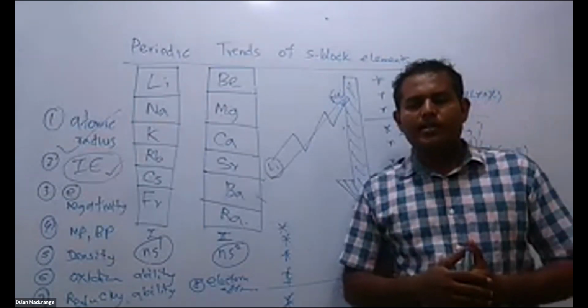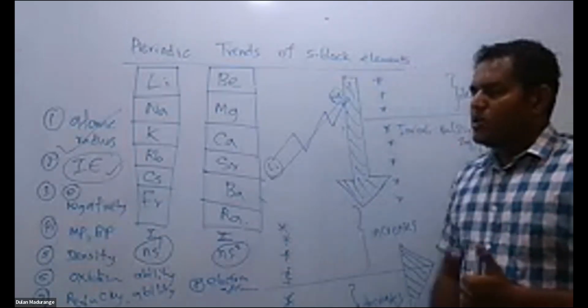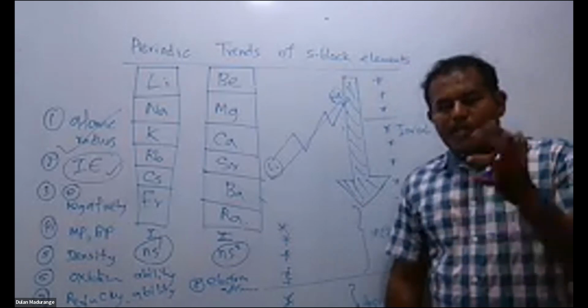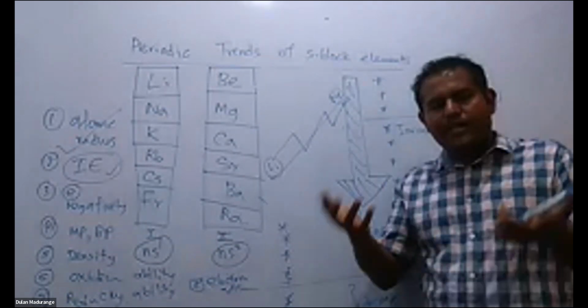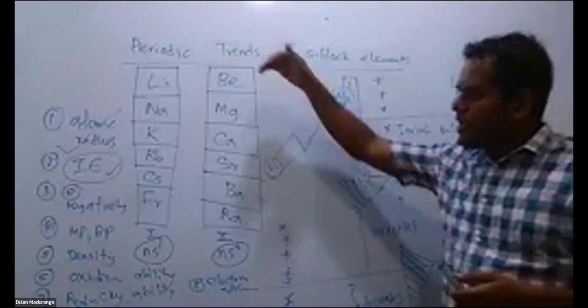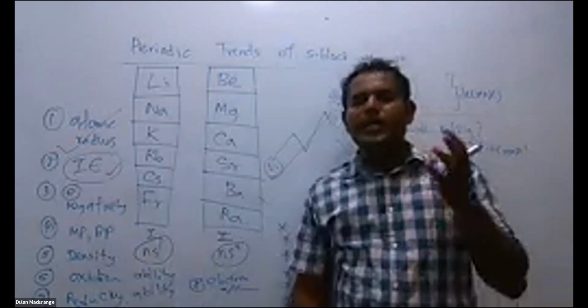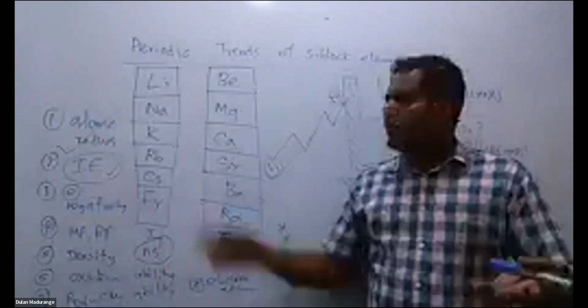Downwards group, you don't have to learn it by heart; if you think logically a little, you will easily remember. Ionization energy downwards group should be getting decreased, because you can easily remove electrons when you are moving downwards group. Why?